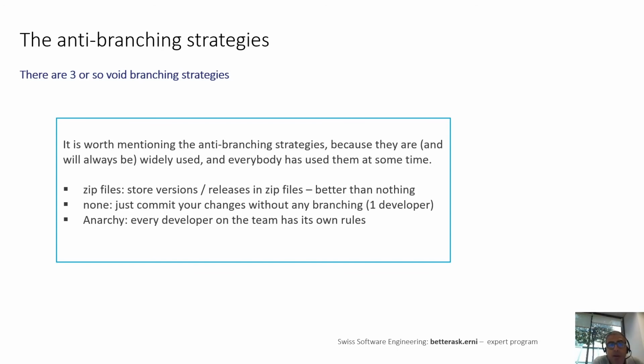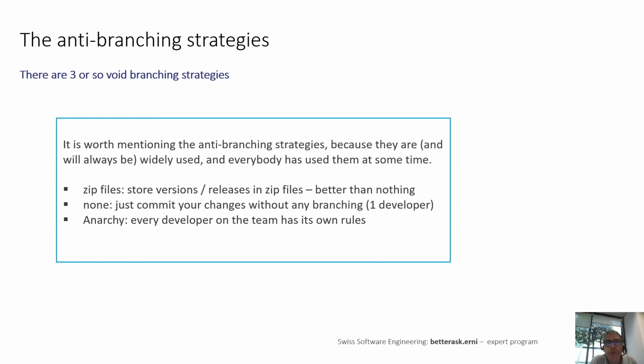Another anti-branching strategy is just having no branching strategy. Just commit your changes without branching and without any criteria. It's very similar to mainline integration, but even simpler. You just do one commit.